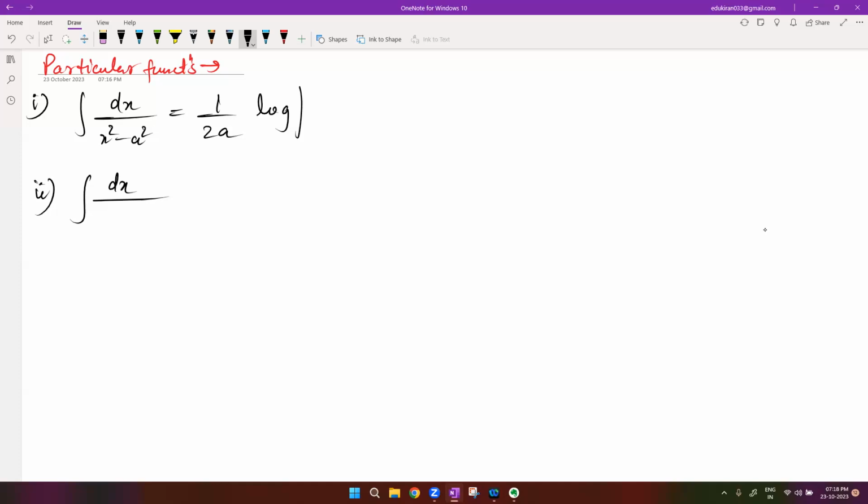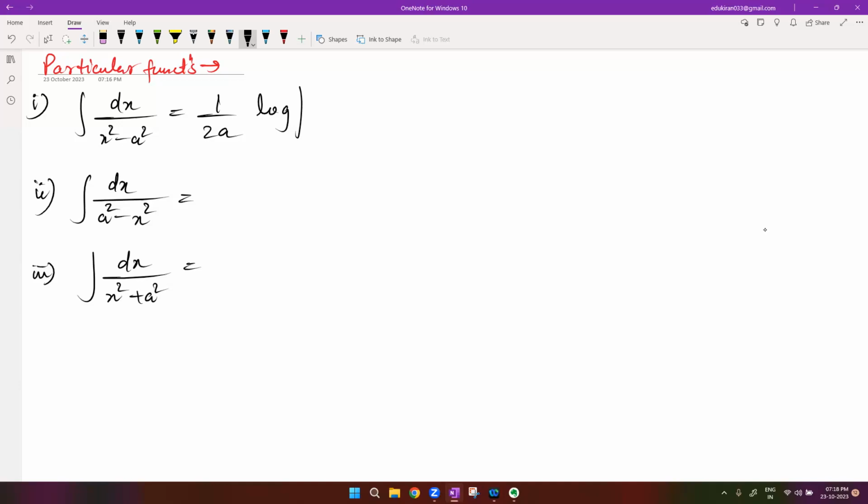Now this quadratic expression in the denominator can either be of the form x square minus a square, which means variable square minus constant square, or constant square minus variable square, or constant square plus variable square. Either you write x square plus a square, or a square plus x square, both are the same thing.